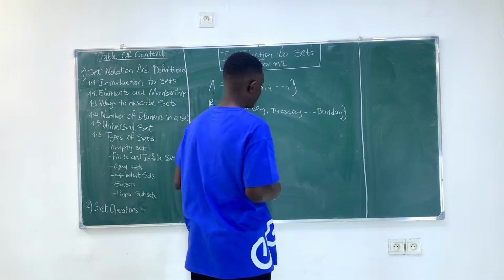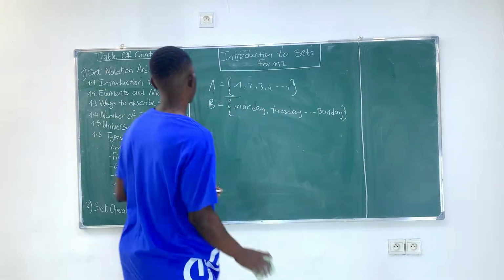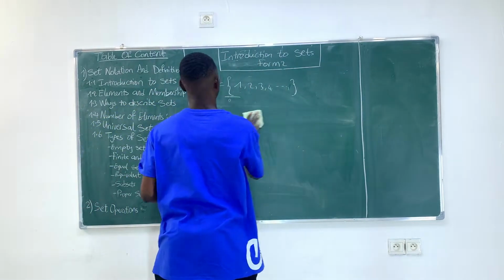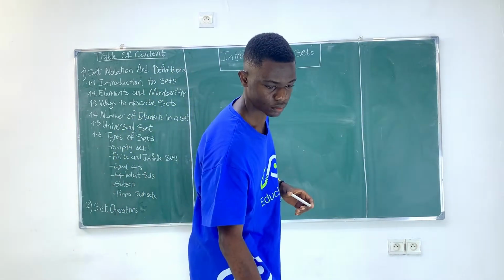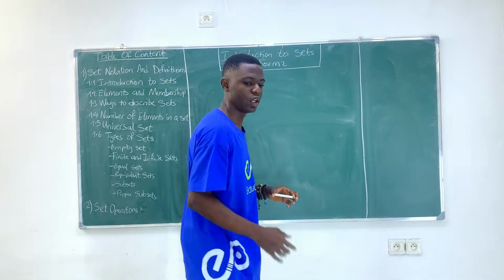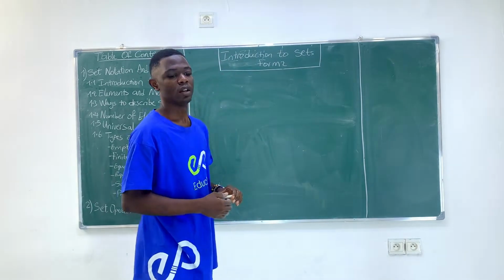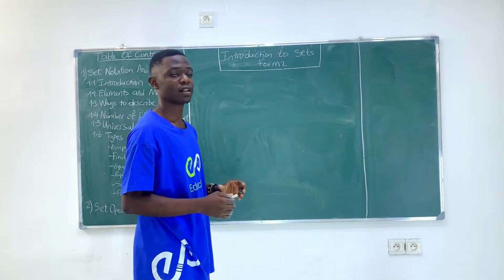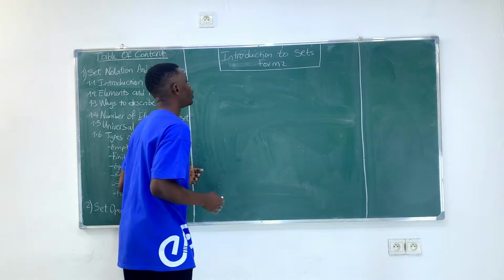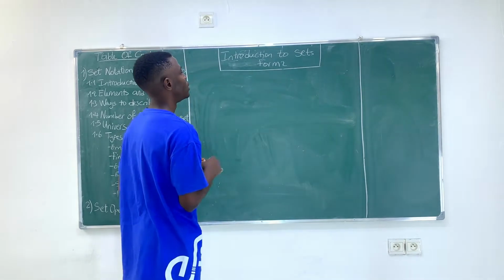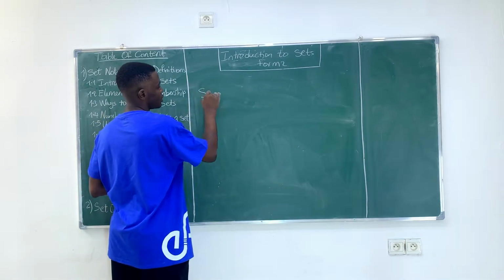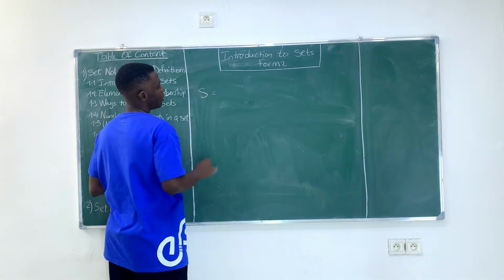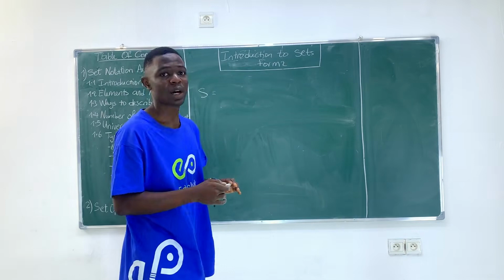Now on 1.2, elements and membership. The set, like the set of students, I can call it S. That set is always represented with capital letters.